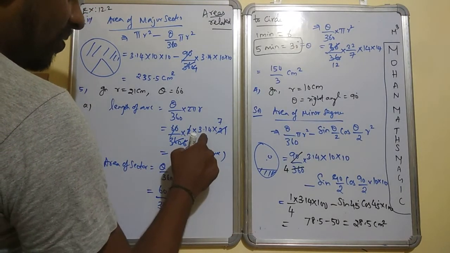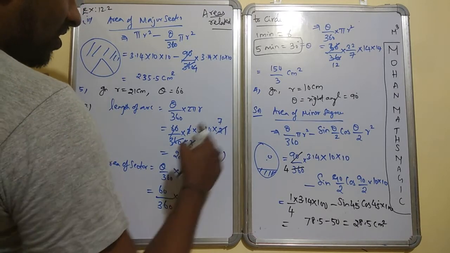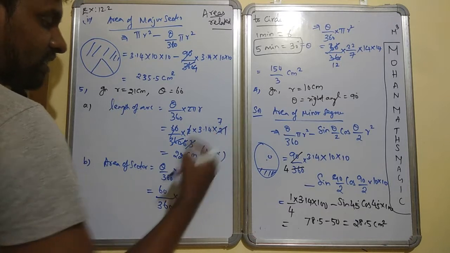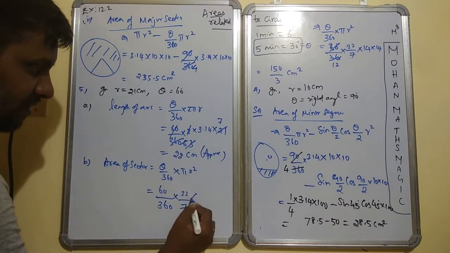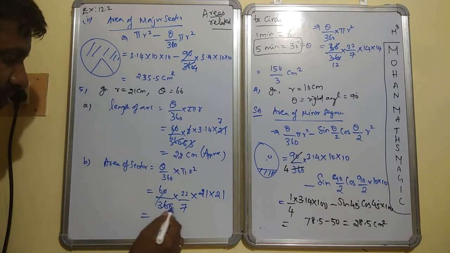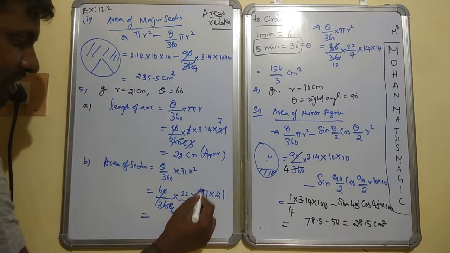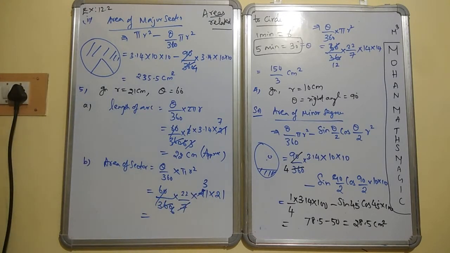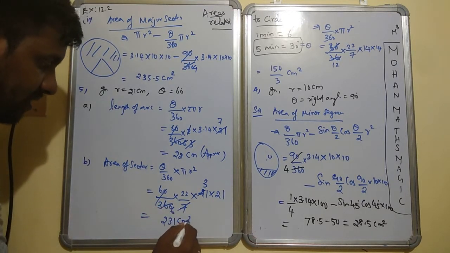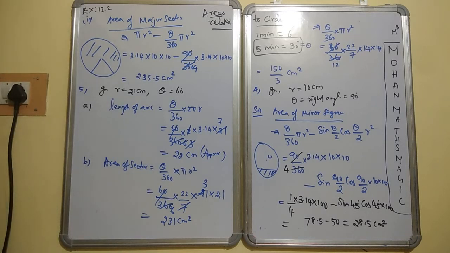If you take 22 upon 7, the 7 will cancel, so please take it 22 by 7. So 22 upon 7, r square 21 times 21. If you cancel it, the area of the sector is 231 centimeter square. Option C.